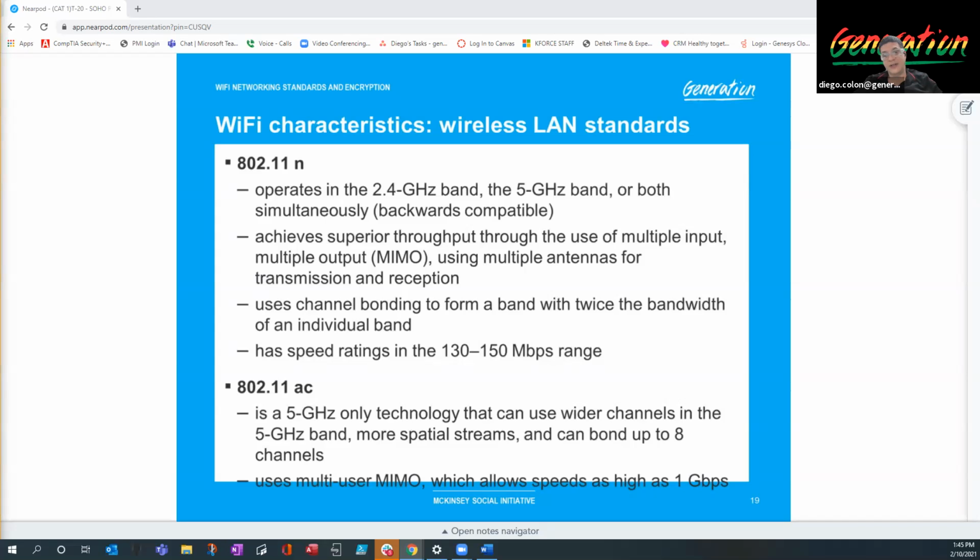Lastly, AC is at the 5 gigahertz band only, and it can go up to a gigabit, again using MIMO, which is using all the antennas that it has to be able to transmit. Any questions?